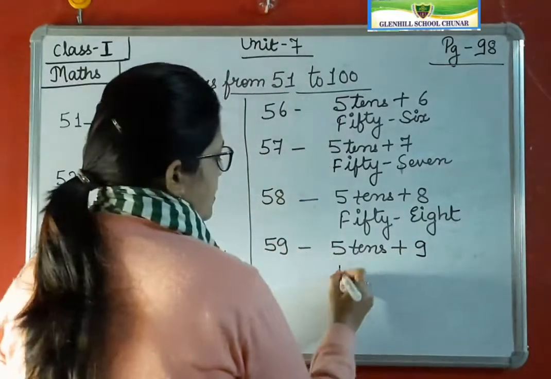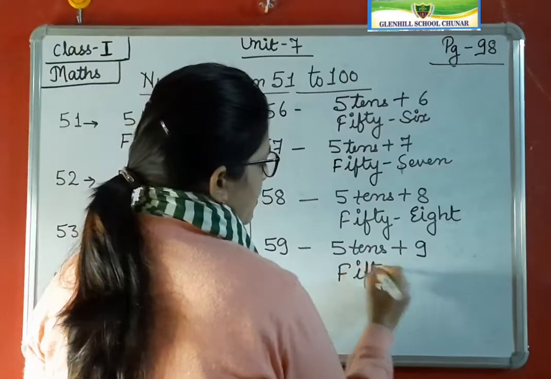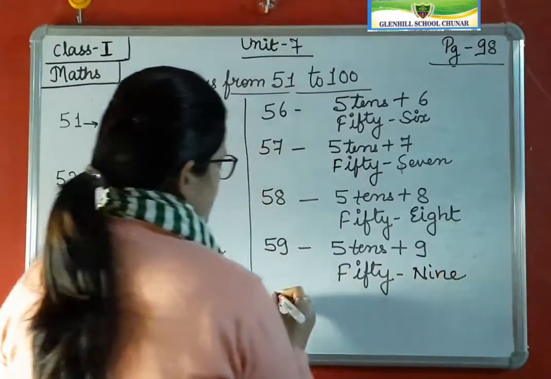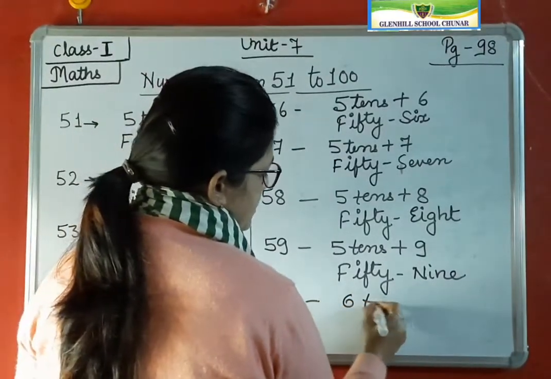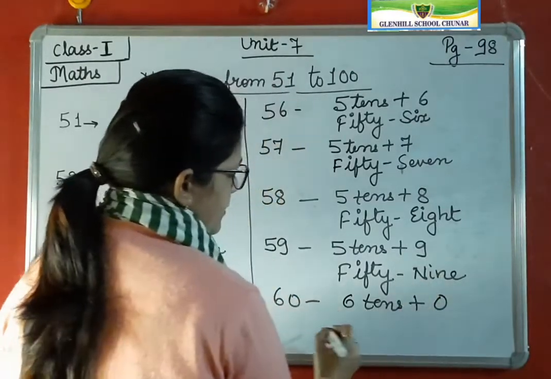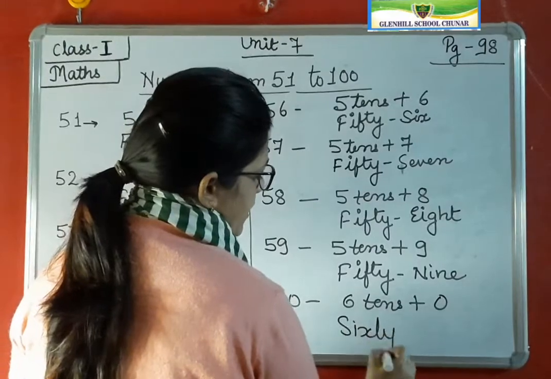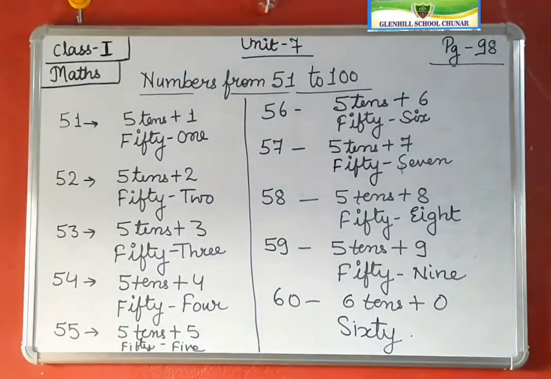It will become 59. 60. 6 tens plus 0 is equal to sixty, 60. Okay, so do it, students.